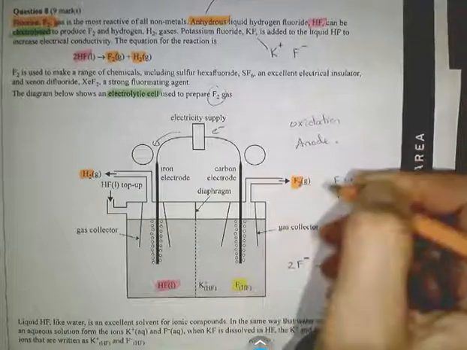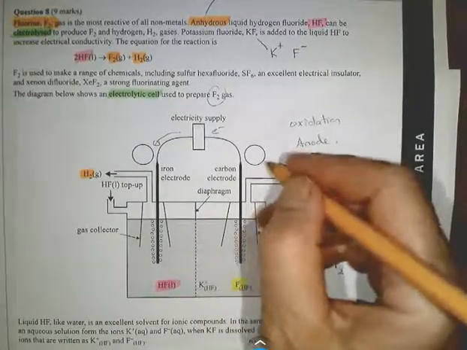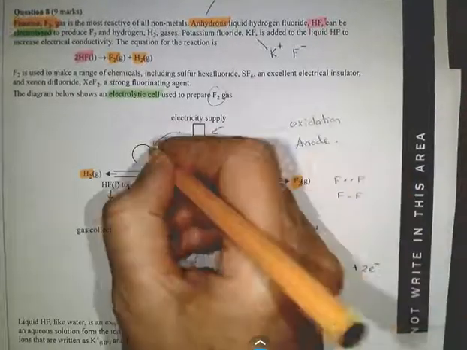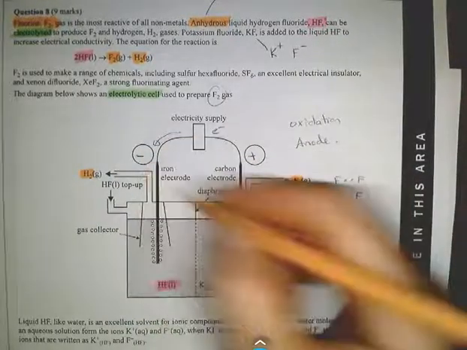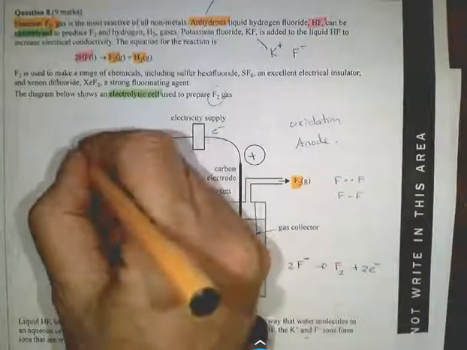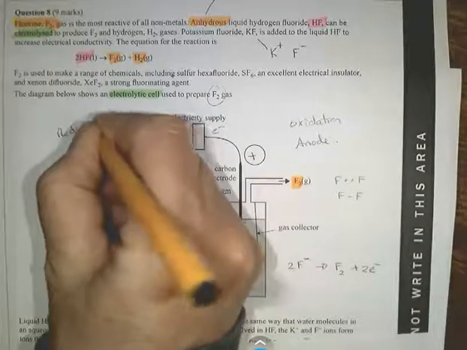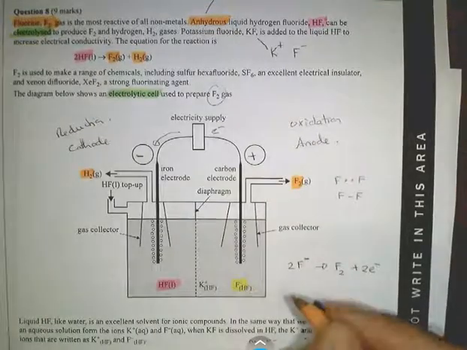And the anode is negative for galvanic cells, but positive for electrolytic cells. So that's the positive electrode and this is the negative. So this is the cathode, so reduction happens over here, so something over here is gaining electrons.